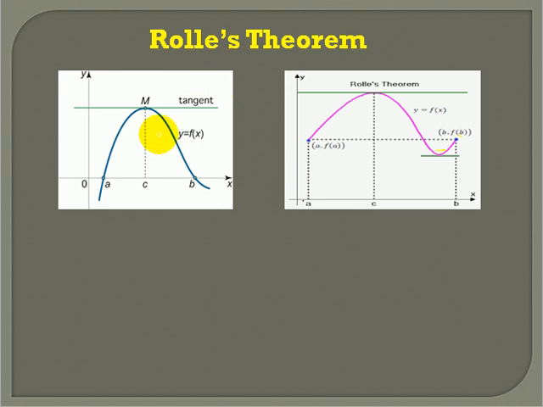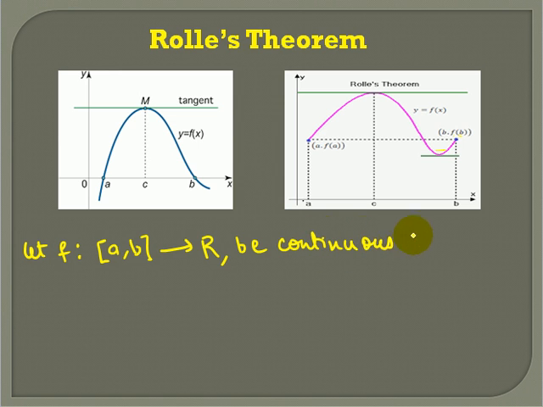So Rolle's theorem states that if we have a function, say f, which is defined from the closed interval [a, b] to the set of real numbers, and let this be a function which is continuous on the closed interval [a, b] and differentiable on the open interval (a, b).